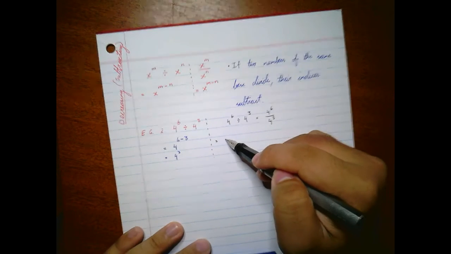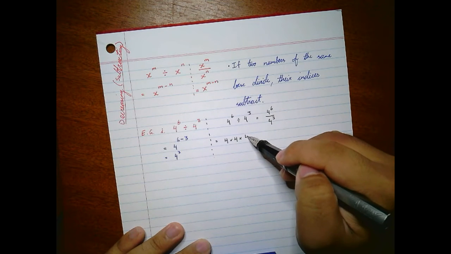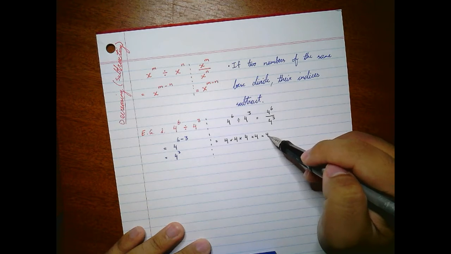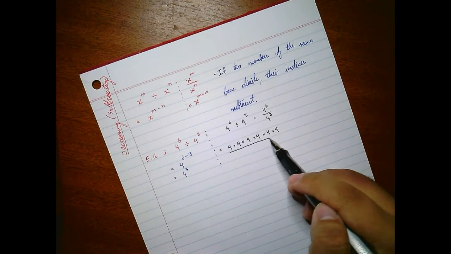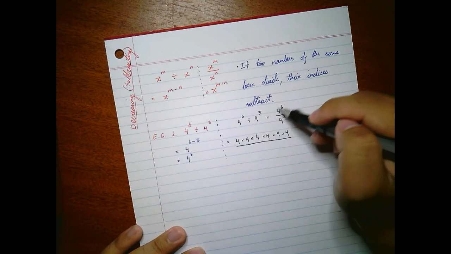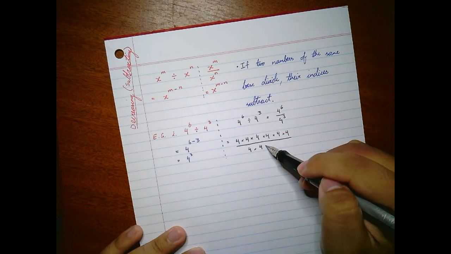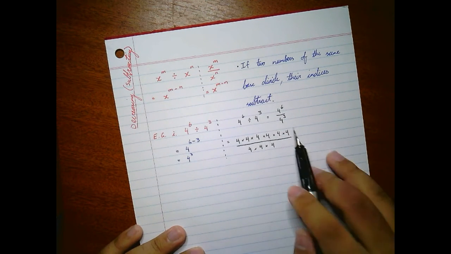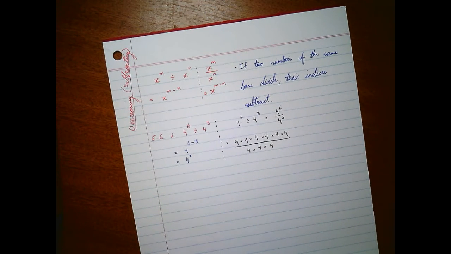So it's going to be 4 times 4 times 4, that's 1, 2, 3, 4, 5, 6, over, so that's 4 to the power of 6 on top, and there's 3 in the bottom, so 4 times 4 times 4. By the way, that's called expanded notation. We're expanding everything.